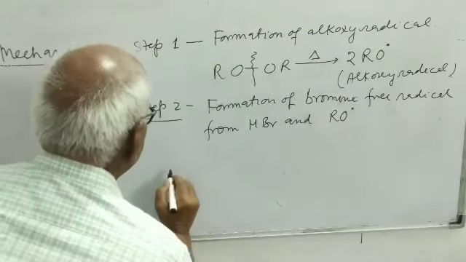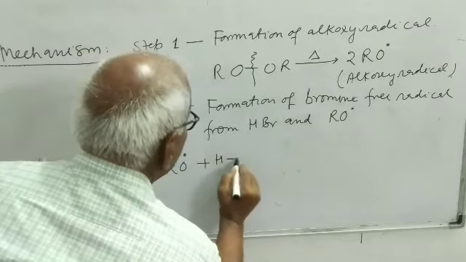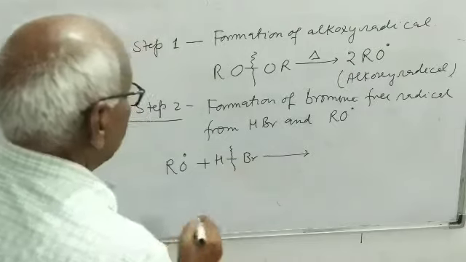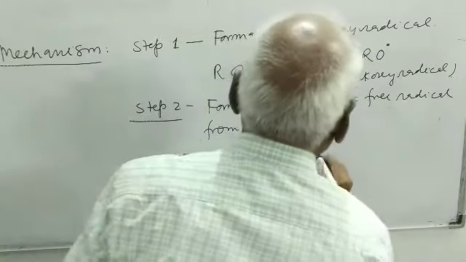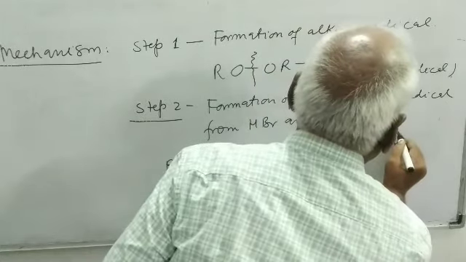Like that, this alkoxy radical reacts with HBr. This part goes over by homolysis. So it is ROH plus bromine free radical.